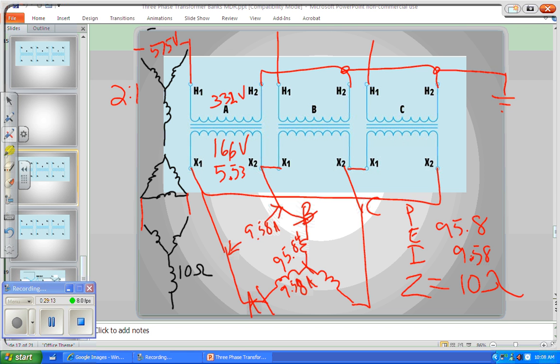Everybody agree? Okay, so 5.53 amps is my secondary phase current in my transformer. As I look up here, it's a 2 to 1 step down, so I know my phase current in my primary is half that. So half of 5.53 is 2.765.